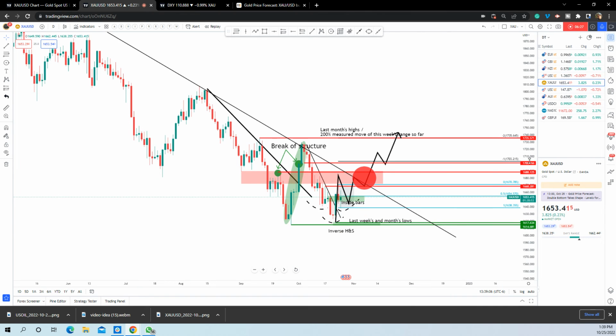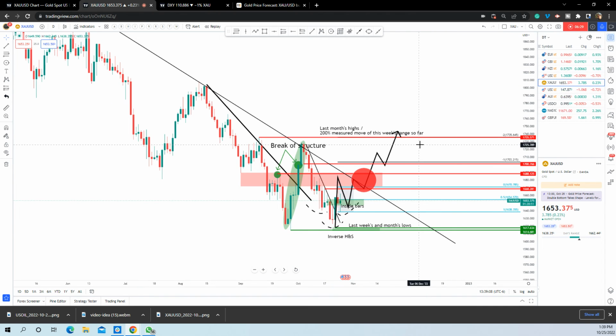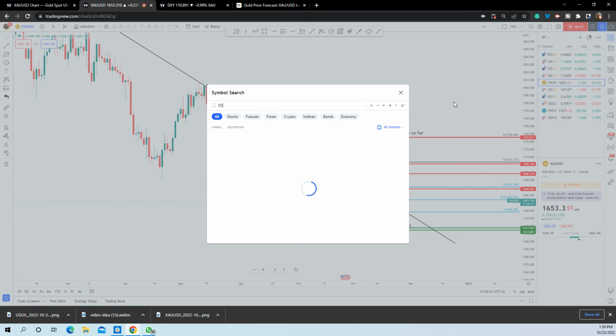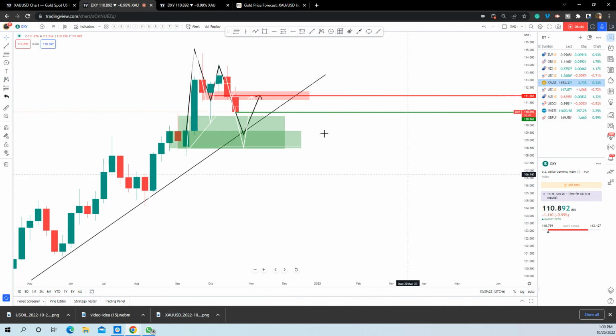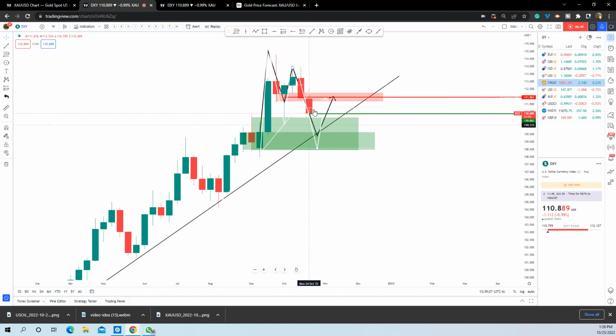Okay, so that really will depend on the trajectory of the US dollar, whether it can continue lower over the next couple of days. Don't see why not. An extension of this weekly bearish impulse into the Fed.